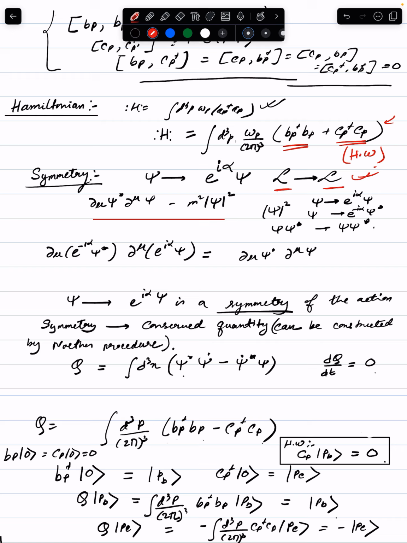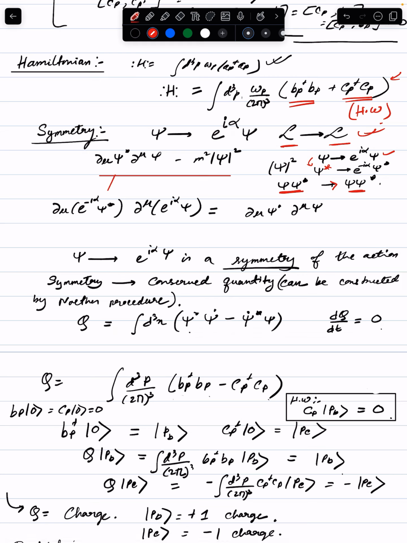So when we take psi to e to the power i alpha psi, then psi star goes to e to the minus i alpha psi star, because this is the complex conjugate of this. And so if I consider psi times psi star, which is mod psi squared, there's an e to the power i alpha coming from psi and e to the minus i alpha coming from psi star, which cancel, and this doesn't change.